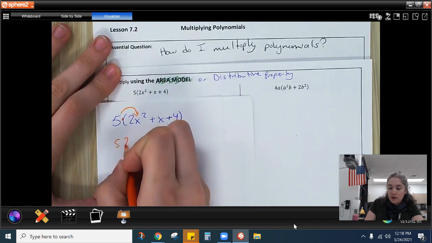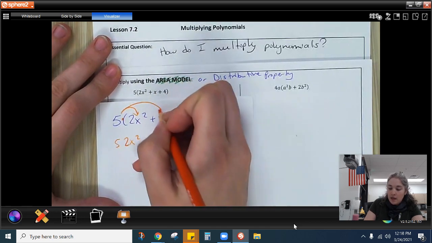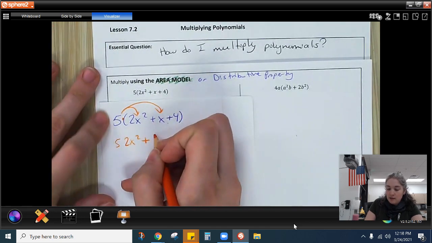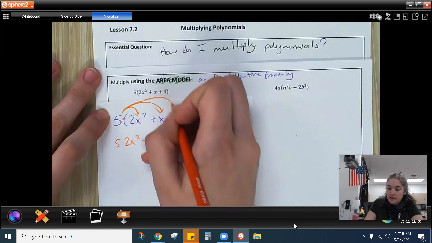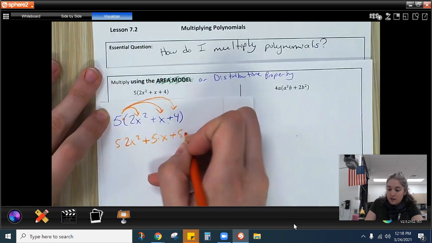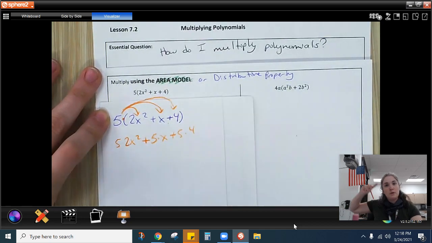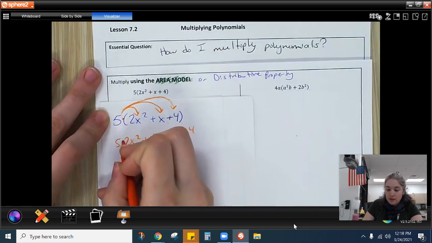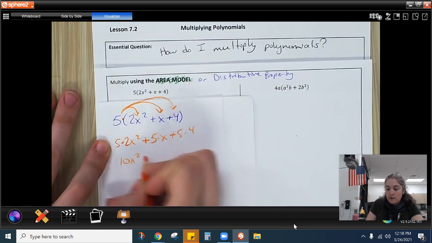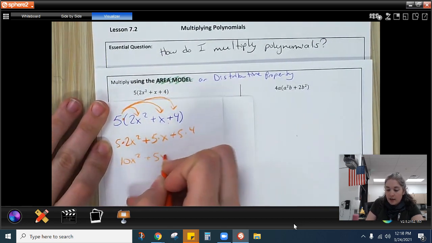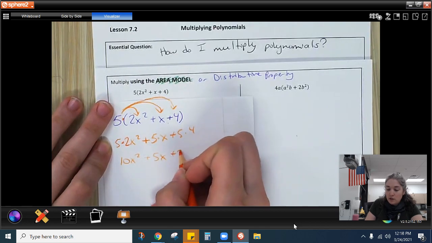This would be 5 times 2x squared, and then I would have plus 5 times x plus 5 times 4. Right? I'm distributing that multiplication to each, and hopefully you can see my multiplication signs in there. Well, 5 times 2x squared is going to be 10x squared. 5 times x is 5x, and then 5 times 4 is 20.